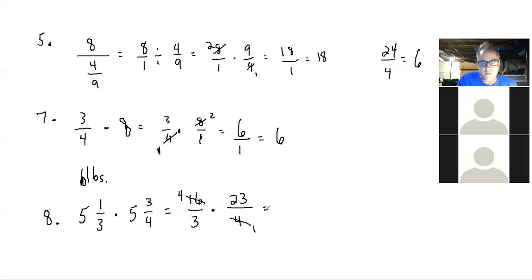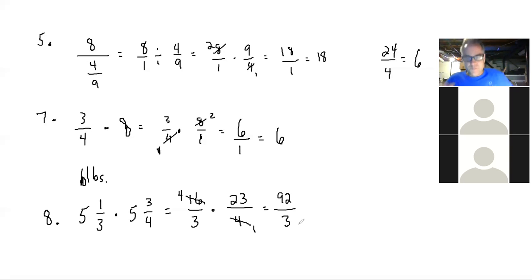So I can go ahead and multiply 4 times 23. 4 times 23 is 92. And then 3 times 1 is 3.